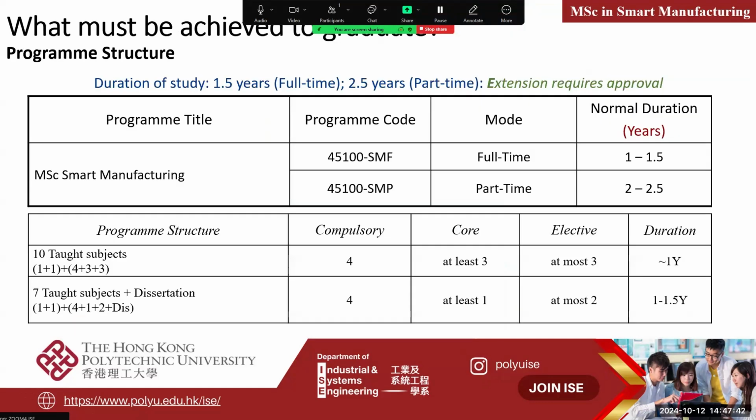And also the whole program is very similar. We have 1.5 years for the full-time and 2.5 years for the part-time. And we have two options: you can take the taught subjects or you can do a dissertation. To be honest, for our program, about 50% of students will enroll in the dissertation.